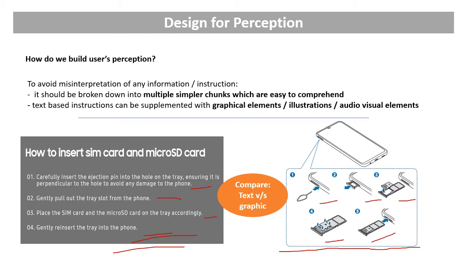So the text can lead to more ambiguity, whereas graphics or images can lead to lesser ambiguity. So this brings us to this point: text-based instructions can be supplemented with graphical elements, especially when we are dealing with instruction-based information, like in a product manual, right?